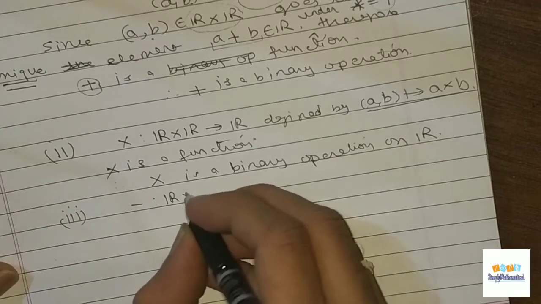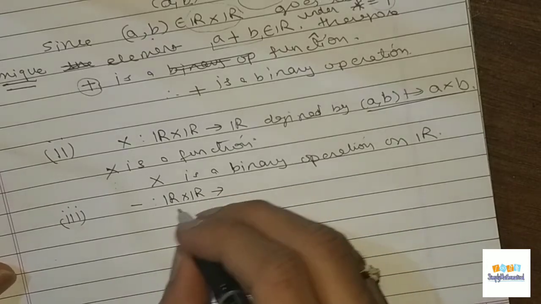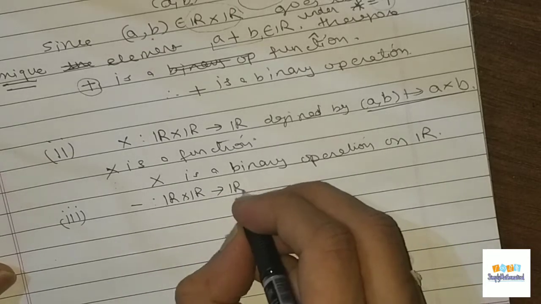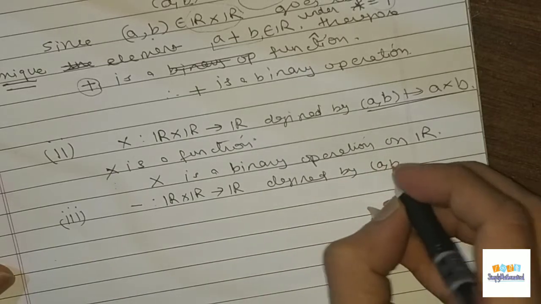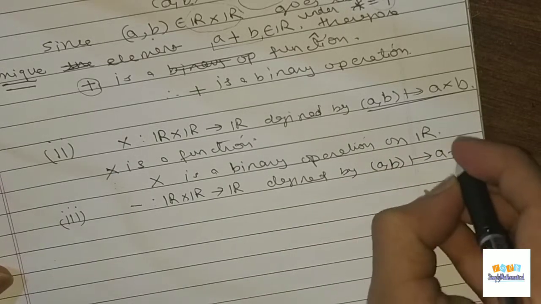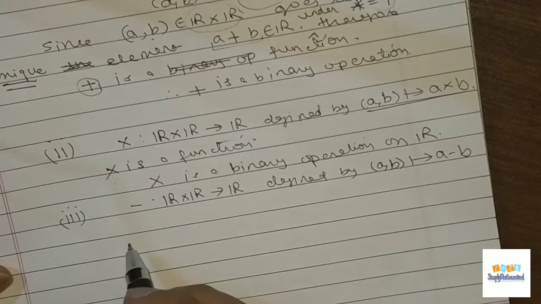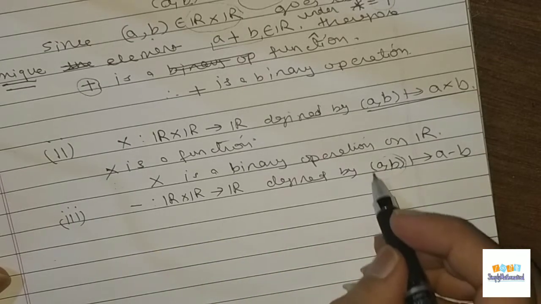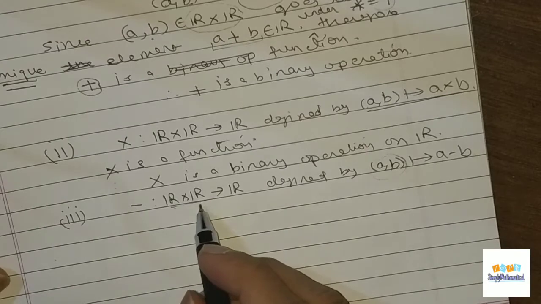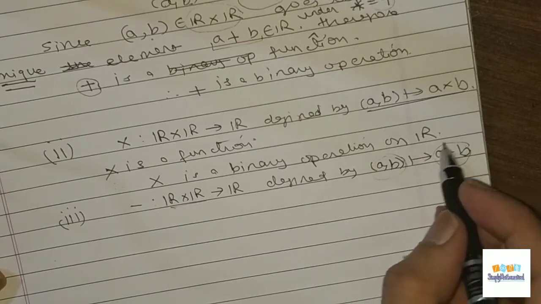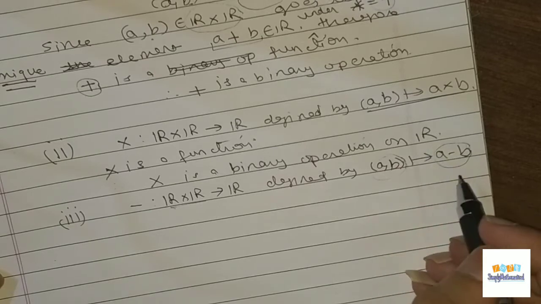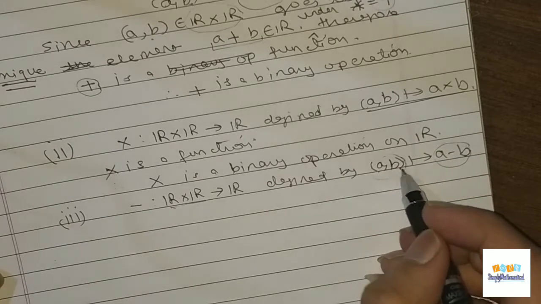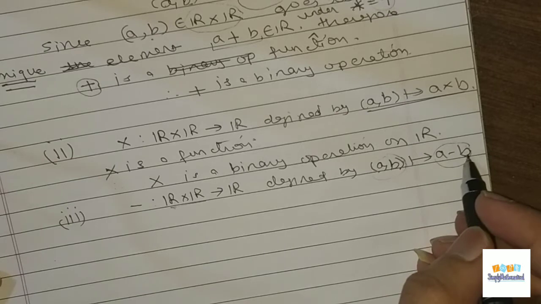Now let us go to another operation, which is nothing but subtraction. Subtraction is R cross R to R defined by (a, b), which goes to a minus b. Again you can see that for each element (a, b) in R cross R, you have a unique image, that is a minus b, which is also in the set R. If a and b are real numbers, then a minus b will also be a real number.